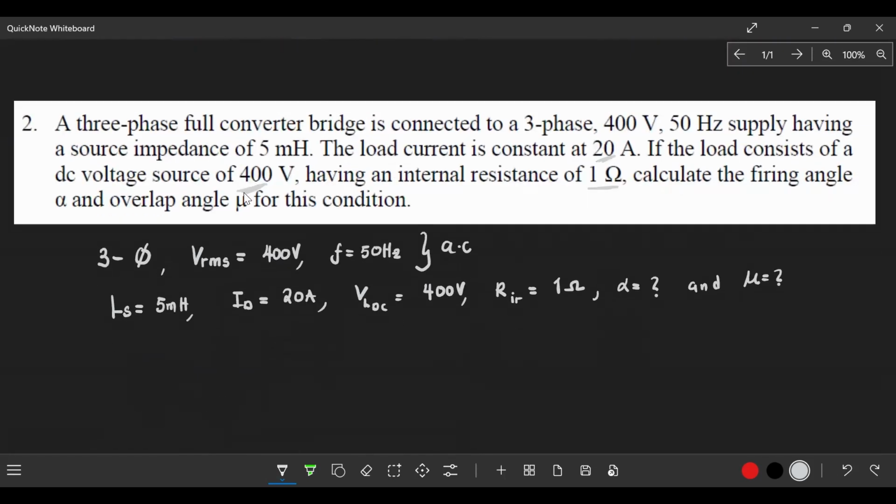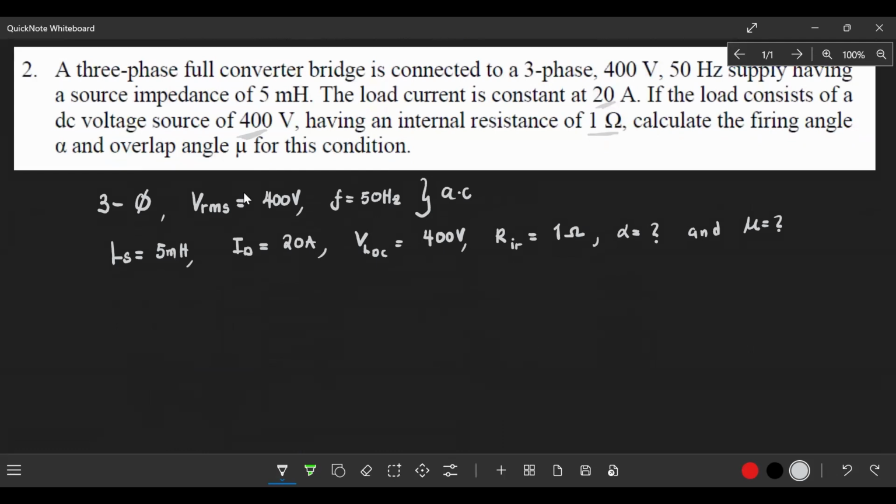For three-phase, the output voltage equation is simply equal to 3 root 2, or even 3 Vm, over pi, times cosine alpha, minus 3 over pi times omega LS times ID.